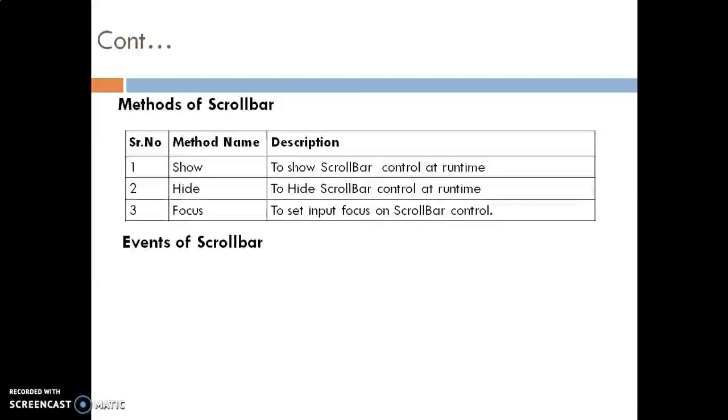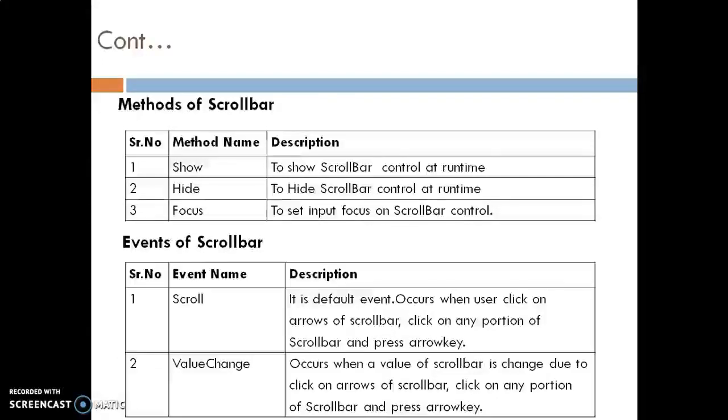Now events of scroll bar. There are generally two events which is used with scroll bar control. First is scroll event, which is a default event, and it occurs when user click on arrows of scroll bar, click on any portion of scroll bar, or press arrow key. And second event is value change.